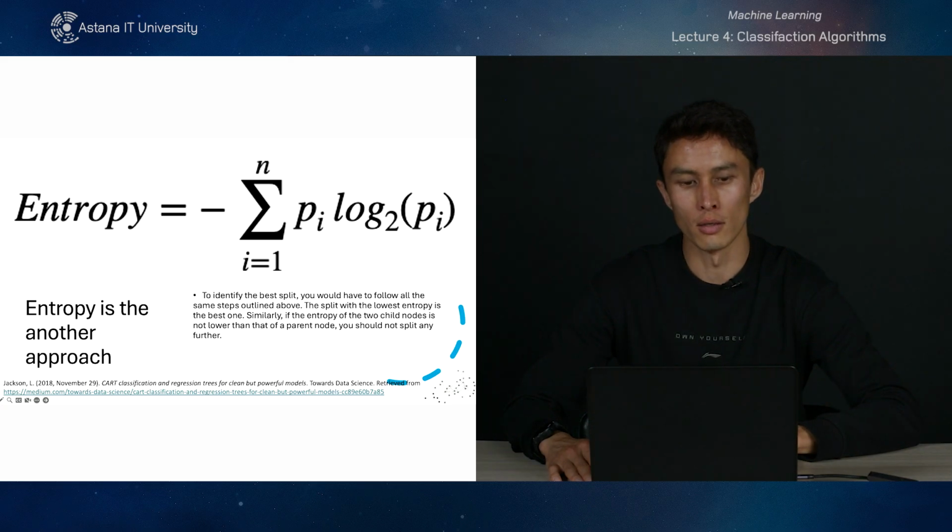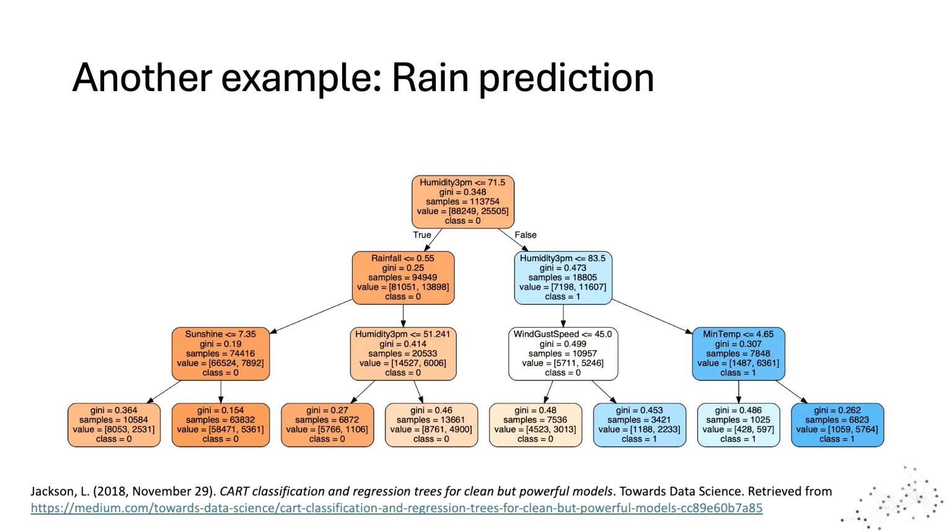Entropy is another approach to calculate how to split our dataset. Here is one more example, rain prediction. To predict whether tomorrow will be rain, we might use features like humidity, minimum temperature, wind speed, and sunshine.